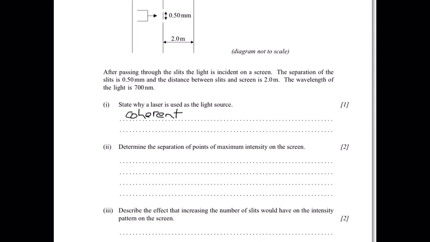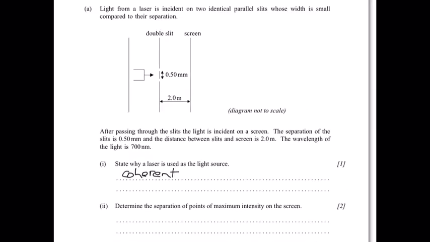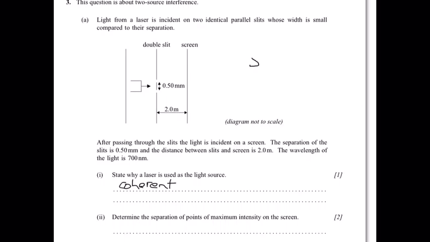Part 2 then asks us to do a calculation where we are asked to determine the separation of the points of maximum intensity upon the screen. So in the formula booklet we get given that little s is equal to lambda D over d.